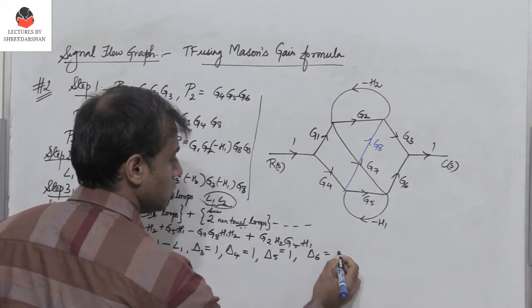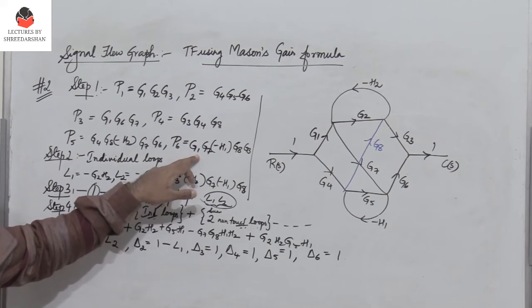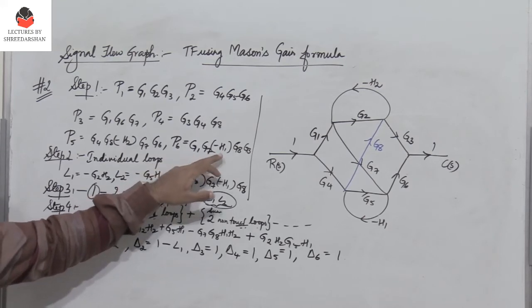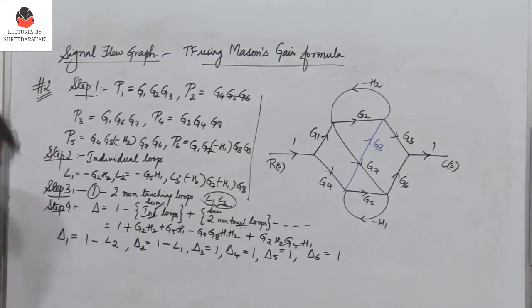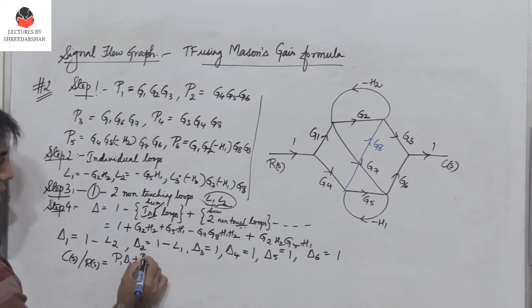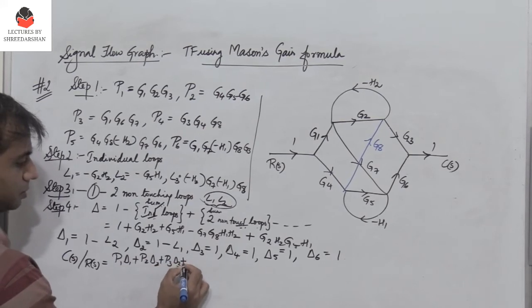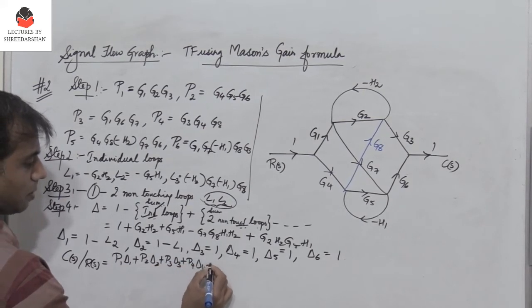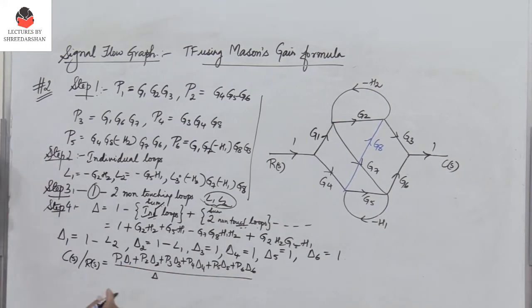And delta 6 also is equal to 1 because all the three loops definitely touch the path G1, G7, H1, G8, G3. So all of them are equal to 1. So what is the transfer function? C of S by R of S is equal to P1 delta 1 plus P2 delta 2 plus P3 delta 3 up to P6 delta 6 divided by delta.